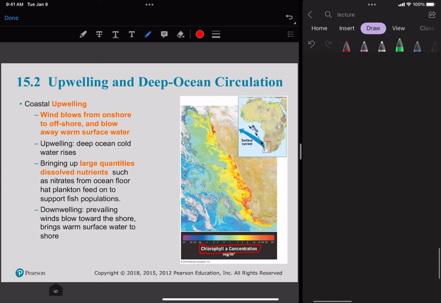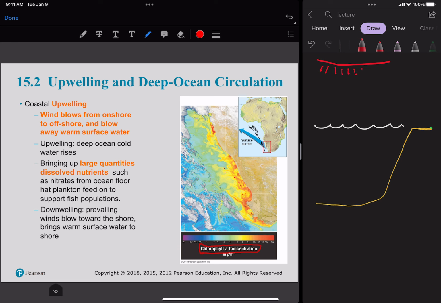So here, let's say that this is the coast of Africa, and it goes down to the bottom of the ocean, and this is the water here. So what's something that is always happening? Well, the sun shines.